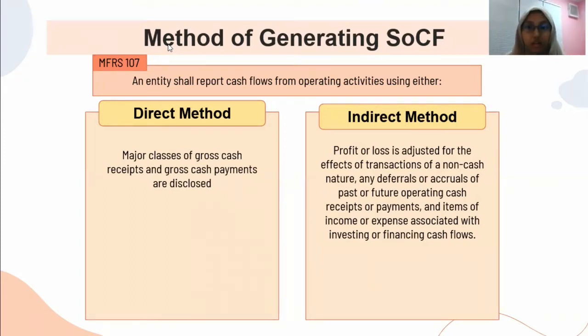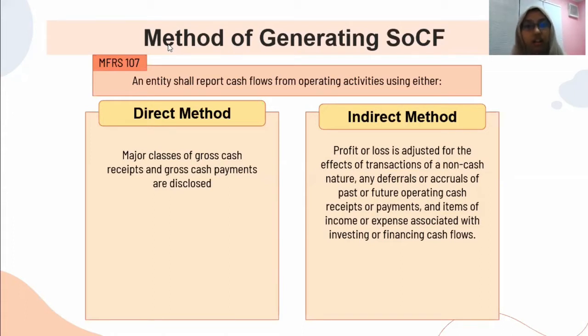Under the direct method, major classes of gross cash receipts and gross cash payments are disclosed, which means it lists the cash received and cash payments made during the accounting period. The cash payments are subtracted from the cash inflow to calculate the net cash flow from operating activities.